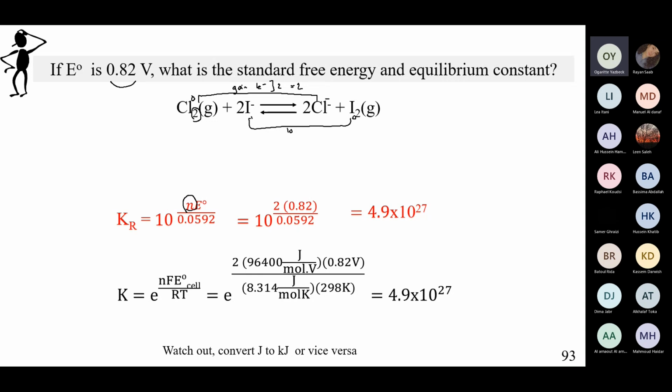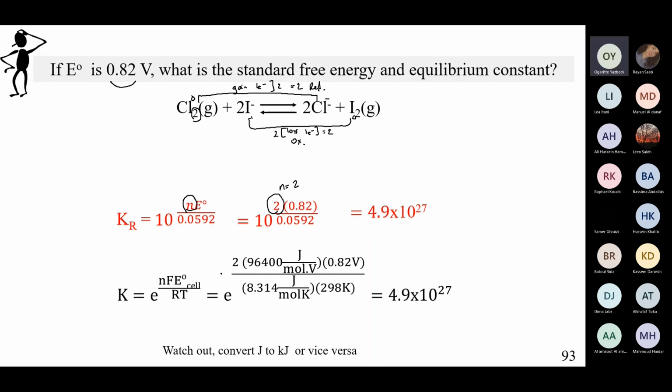There's a loss of 1 electron. So this is the oxidation. This is going to be the reduction. We're multiplying it as well by 2. So 2 electrons are lost. So the number of electrons exchanged, gained, and lost is 2. So the overall N is 2.